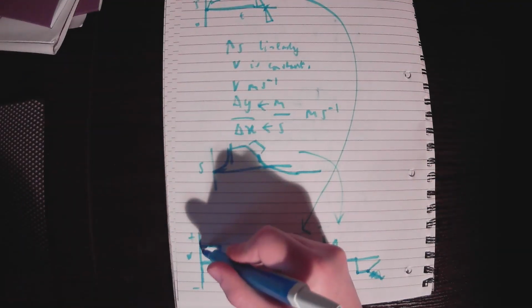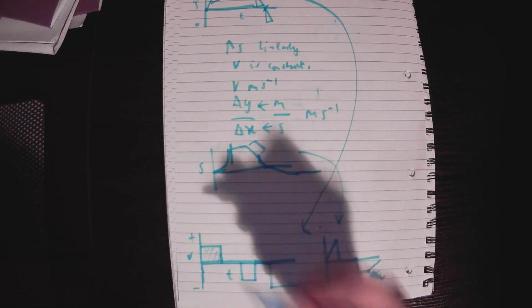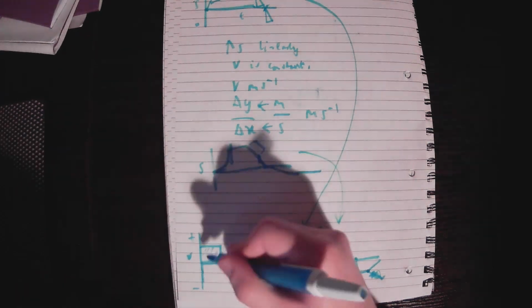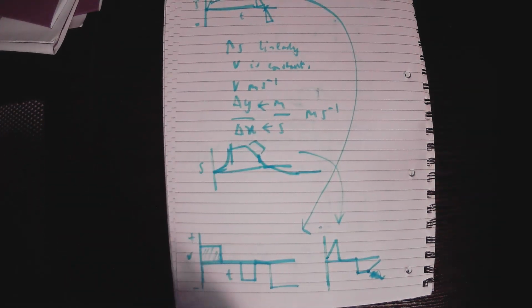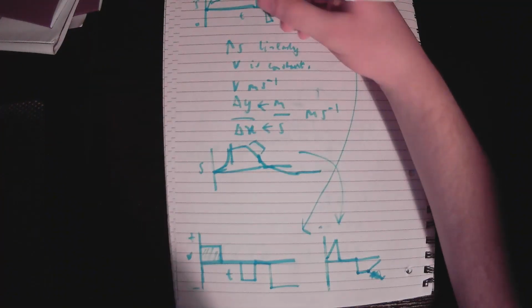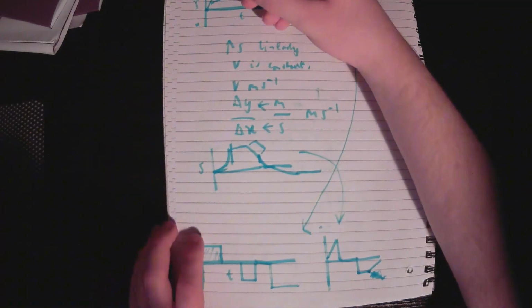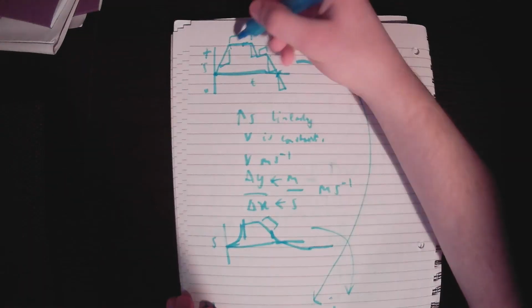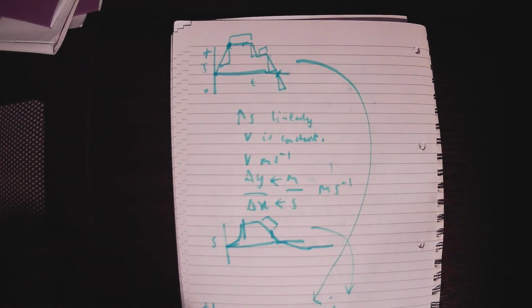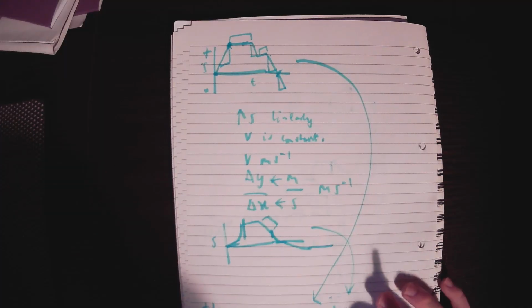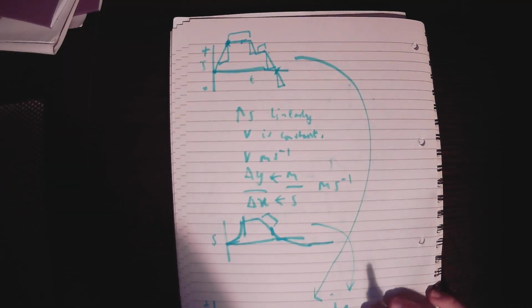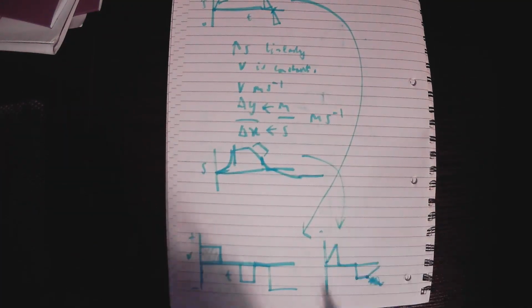So the area in this time, on this velocity time graph, in this little rectangle here, is equal to the distance travelled. If I just move this back down, is equal to the distance travelled at that point, or the displacement, I should say.